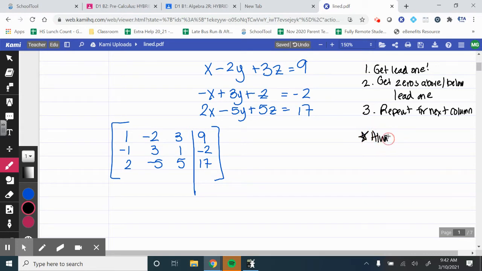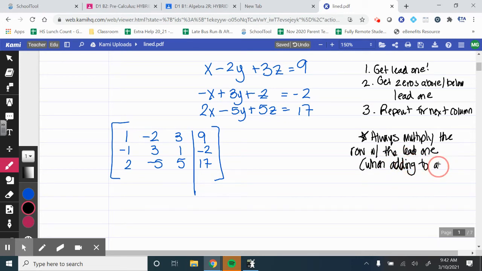A couple little things to remember here. Always multiply the row with the lead 1 when you're trying to multiply and then add to another row to make something into a 0.